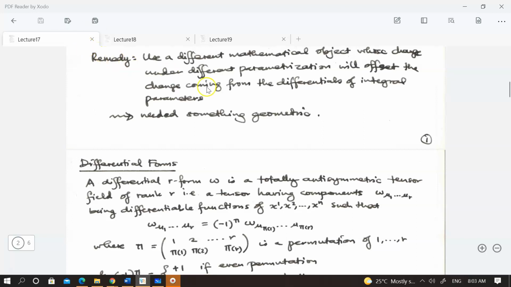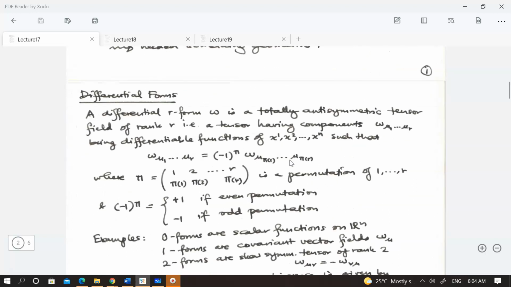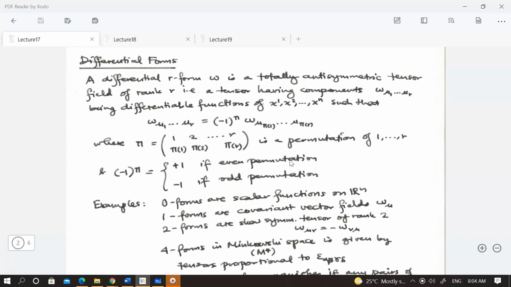Okay, so recall what we did the last time. Essentially, what we did was to look at differential forms. The idea is to look for geometrical objects which one can actually use in integrals.